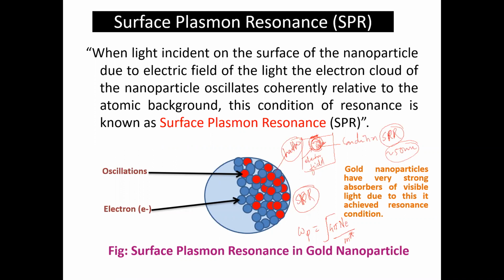So this is the characterization technique of metal nanoparticles, surface plasmon resonance, which gives the final conclusion for metal nanoparticles. The final conclusion is that if the color of metal nanoparticles is different, याचाच अर्थ असा आहे की त्याची size सुद्धा different आहे.